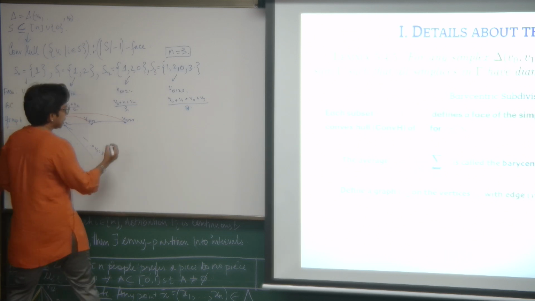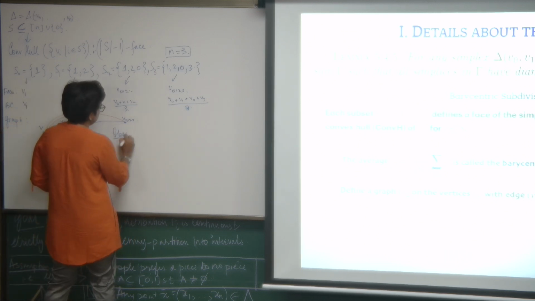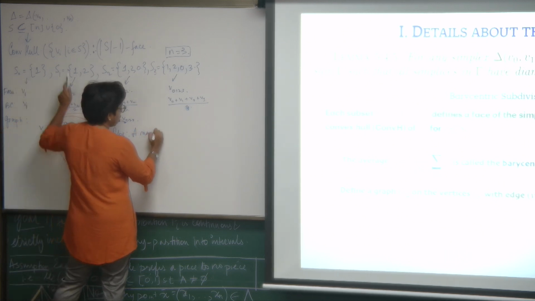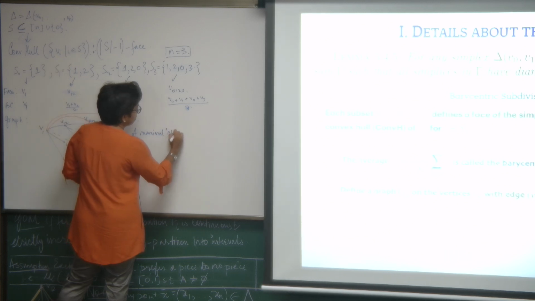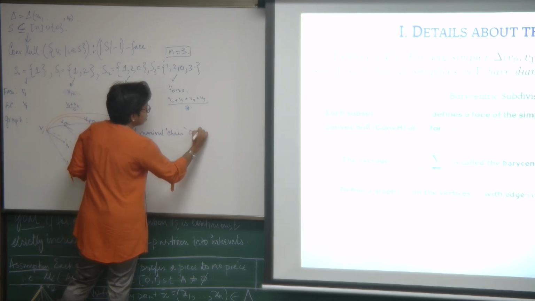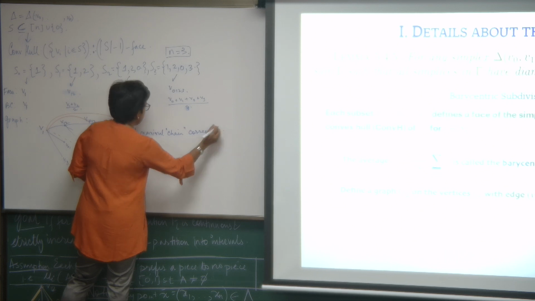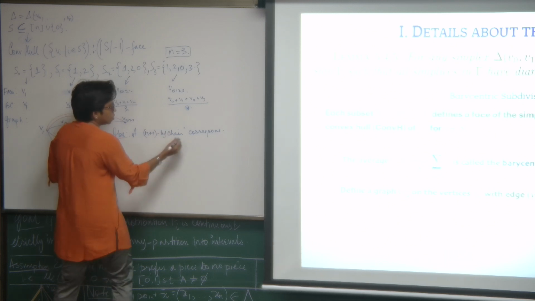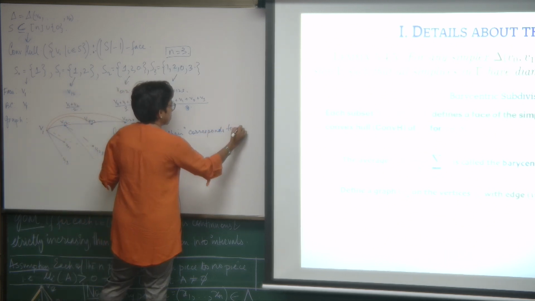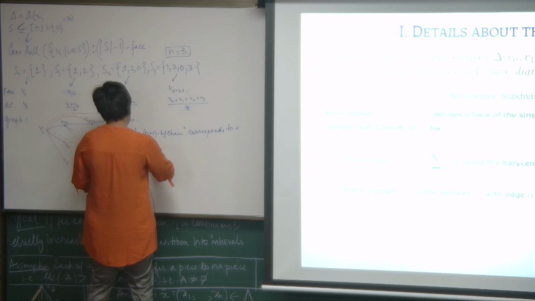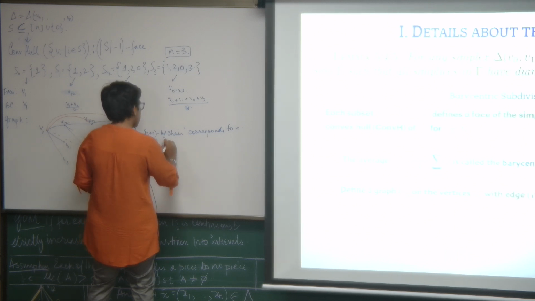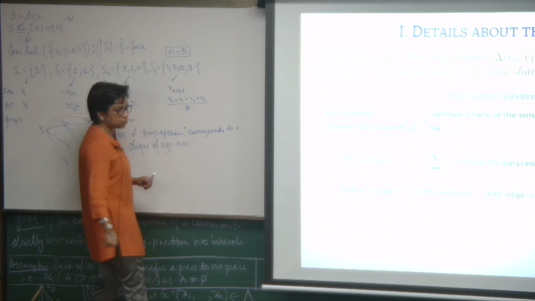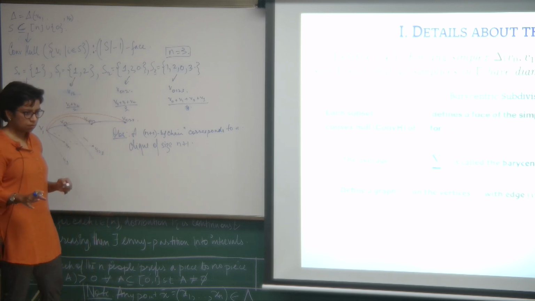So basically, a maximal chain of this kind that I have drawn above has to be an n plus 1 length chain. It corresponds to a clique of size n plus 1, and this has to be the maximum clique in the graph.